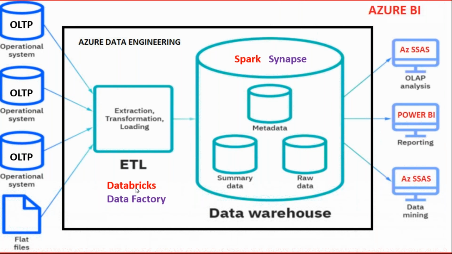I mean open source Databricks, private Microsoft Data Factory. Both ETLs we need to learn from tomorrow, one after the other in our entire 2 months journey. And two godowns, one government, one private: open source warehouse Spark, Microsoft warehouse Synapse.